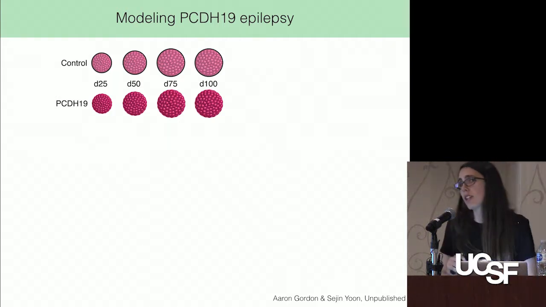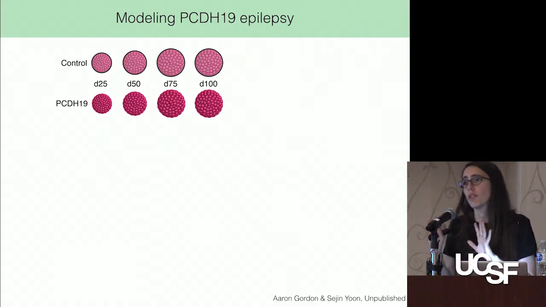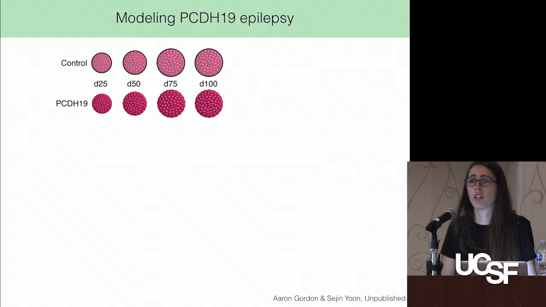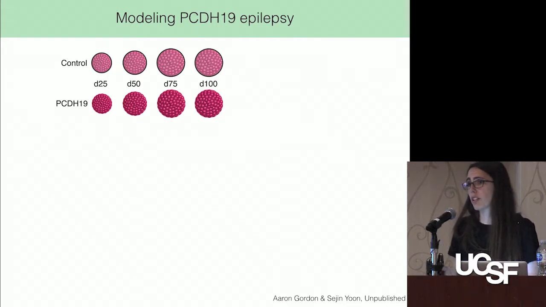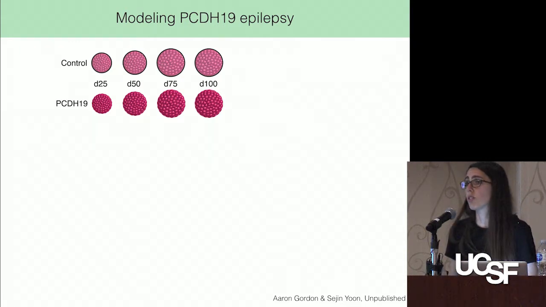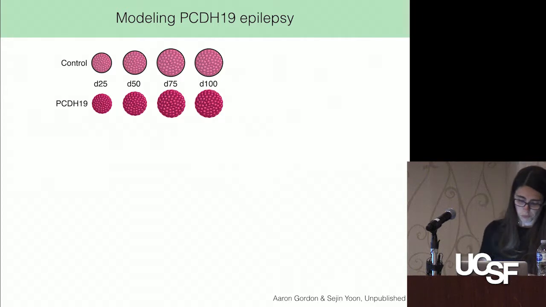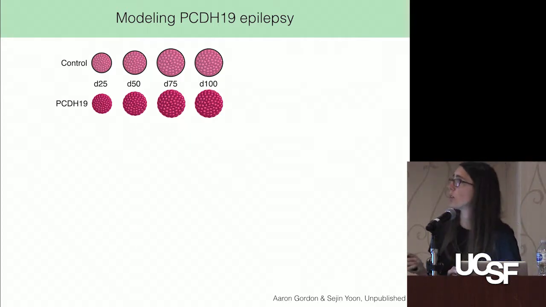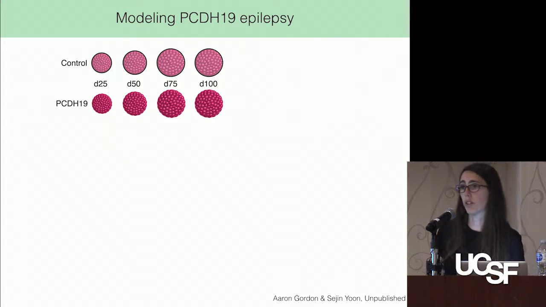So what we decided to do to start with was put X chromosome inactivation to the side and just ask: if we generate spheres from control and PCDH19 cells, do we see any phenotypes? For now I'm just showing you cortical spheroids.